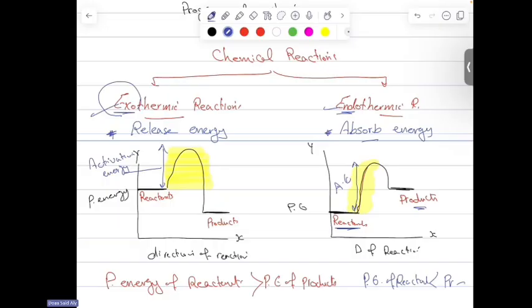Also, regarding the potential energy, in the exothermic chemical reaction, the potential energy of the reactants is higher than the potential energy of the products, while in the endothermic chemical reaction, the potential energy of the reactants is lower than the potential energy of the products.